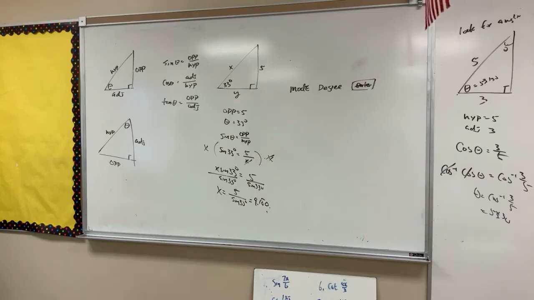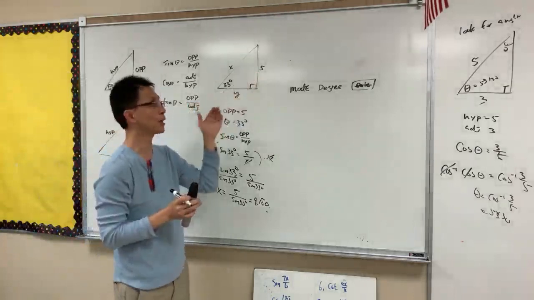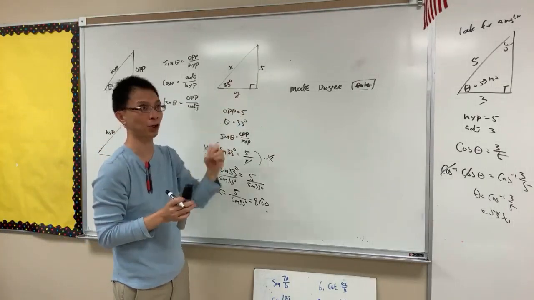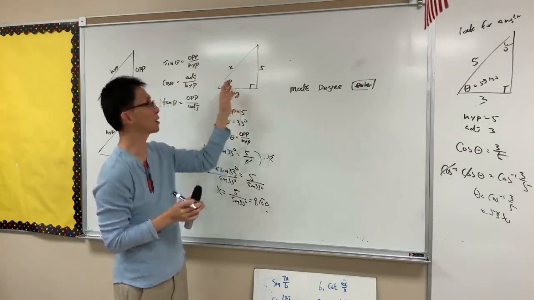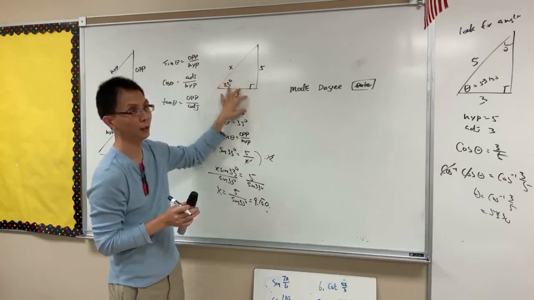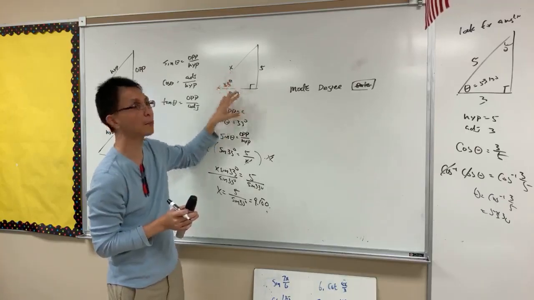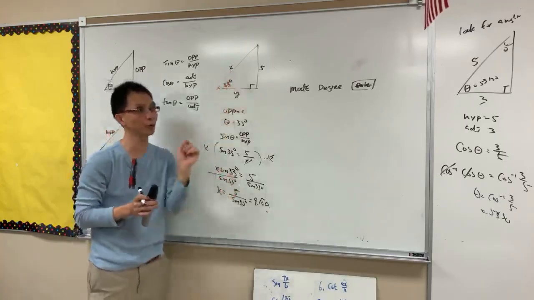Can you find y now? I don't know. You figure out first, and I'll tell you if it's right. You can use anything, but I will use the 5, because the 5 is something I already have for sure. If you use the x to find it, the answer is gonna deviate a little bit, but you're still gonna get a very similar answer, very close.